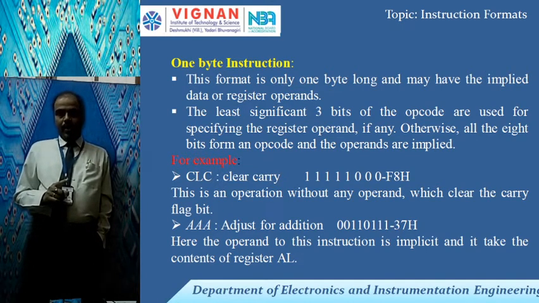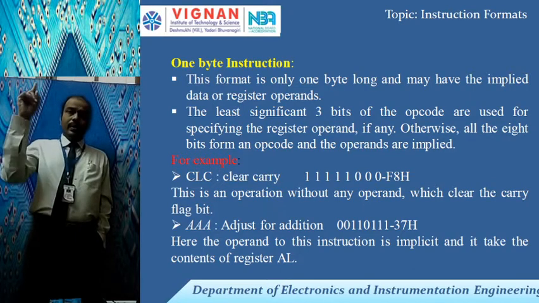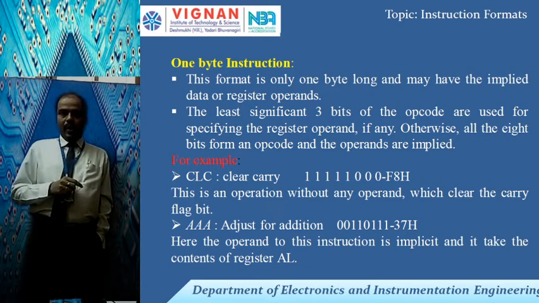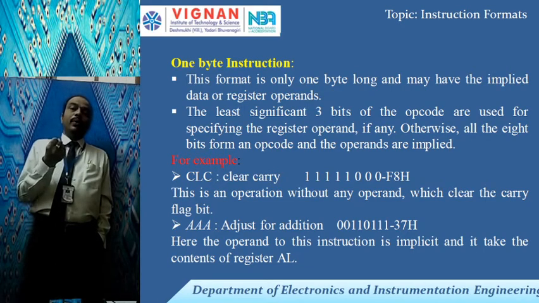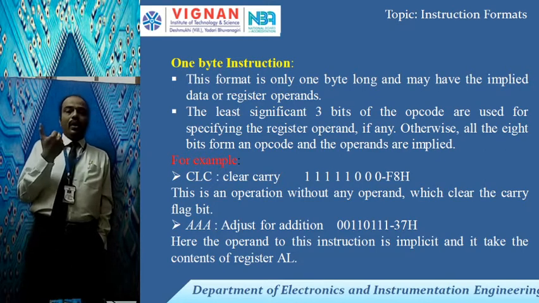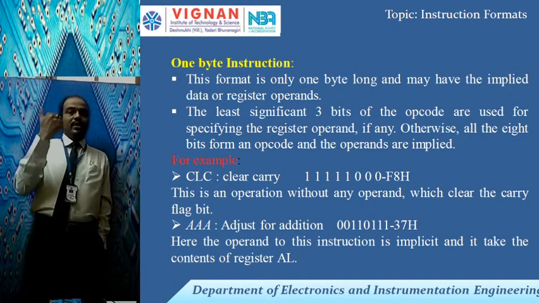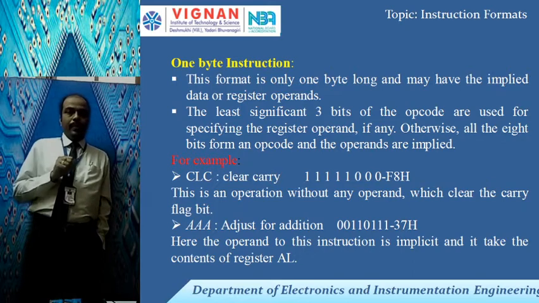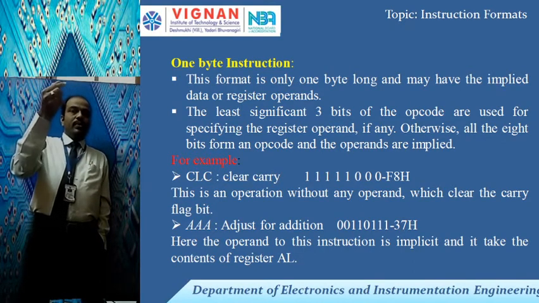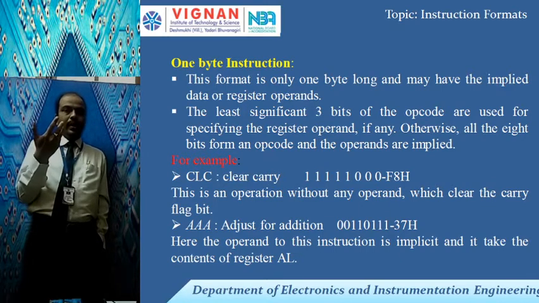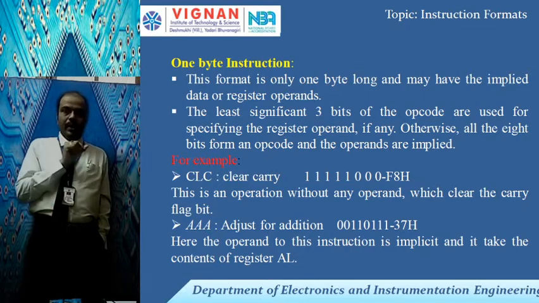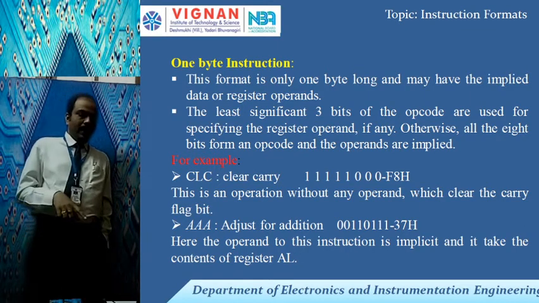In the flag register we have the first bit, that is bit 0, the carry flag C, which informs about the status of the result, whether it contains a carry or not. If there is a carry, the carry flag becomes 1. But if you want to clear that carry flag from 1 to 0, to reset it, then you can write an instruction called CLC. CLC is an instruction which is 1 byte long.